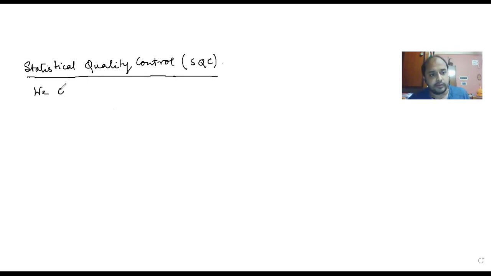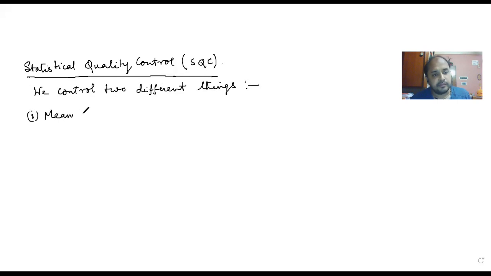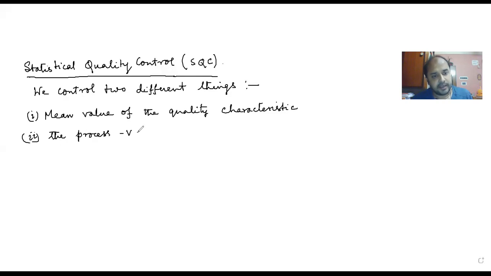One, as I told in the last class, is the mean value of the quality characteristic, and number two, the process variability.